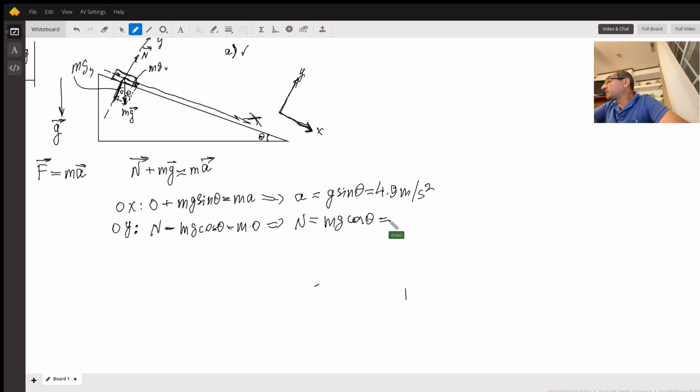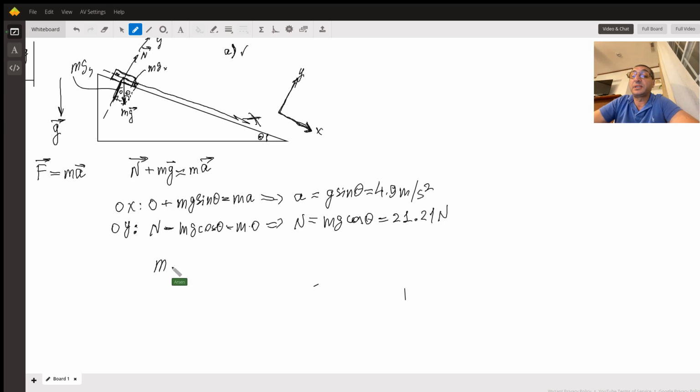And if we plug in numbers, what will we have? We will have 21.21 Newtons. So the mgx component, as we said, is the component of the gravitational force parallel to the incline.